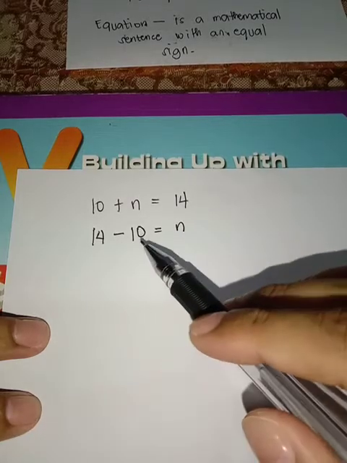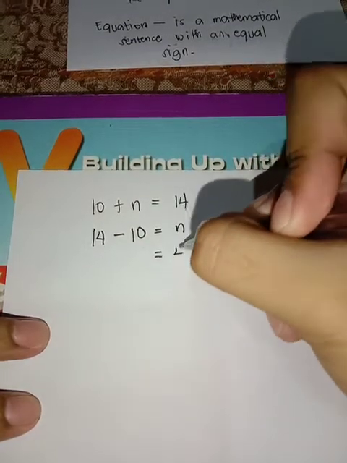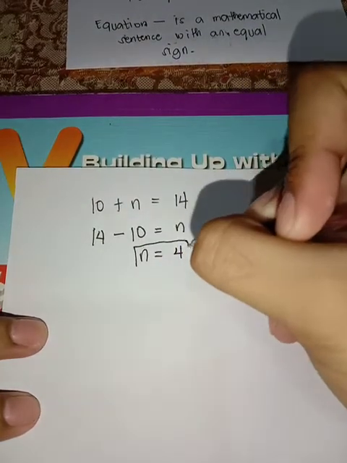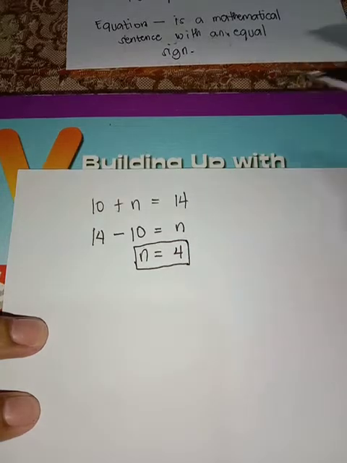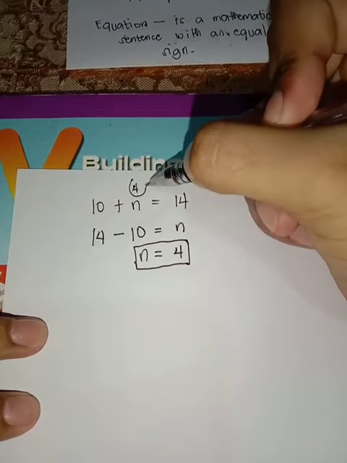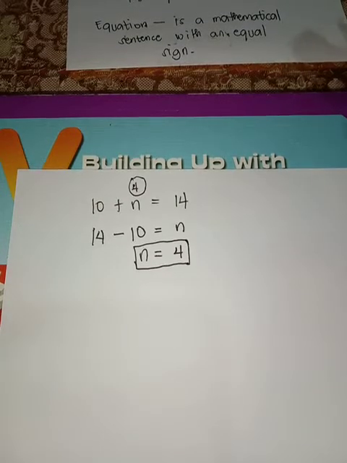So 14 minus 10 is equals to 4. Therefore, n is equals to 4. So yung answer dito is 4. So ganyan yung on how to solve the equation or the missing number.